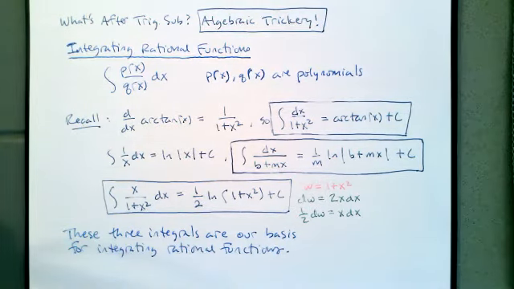The integral of 1 over 1 plus x squared is arctangent. The integral of 1 over b plus mx is 1 over m natural log of b plus mx. And the integral of x over 1 plus x squared is 1/2 natural log of 1 plus x squared. All integrals that we have encountered in one form or another before.